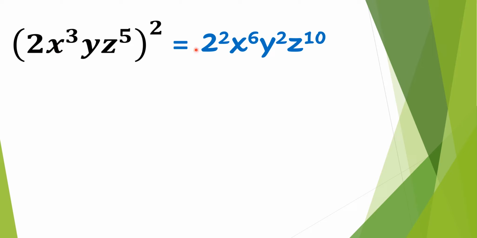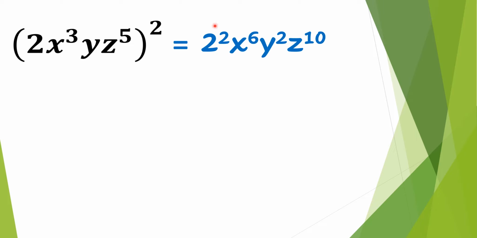Next is si x. Copy x. Then, 3 times 2, kaya 6 yan. And then next is si y. Wala kayong makitang exponent ni y, ibig sabihin 1. Kaya 1 times 2 is 2, kaya exponent niya dito is 2. And then z, copy. Then multiply 5 times 2 is 10.